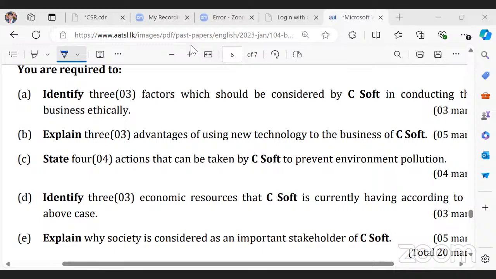We can minimize waste of materials, right? And that is minimizing the cost of production.